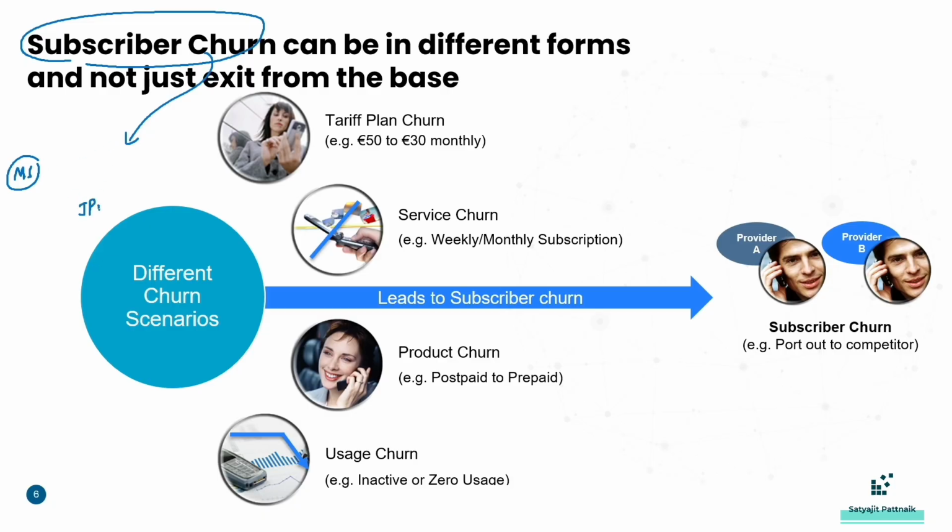Probably JP Morgan is giving you twice the salary that you are getting at Morgan Stanley. What will happen is you will leave Morgan Stanley and join JP Morgan. That means you are churning out from Morgan Stanley because of salary constraints. So this is an example of churn. So churning simply means exiting.